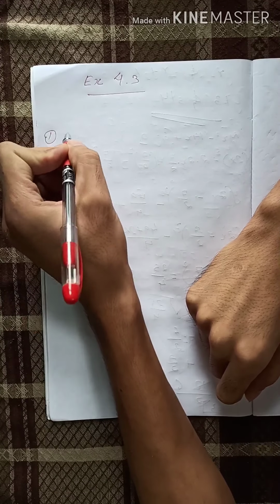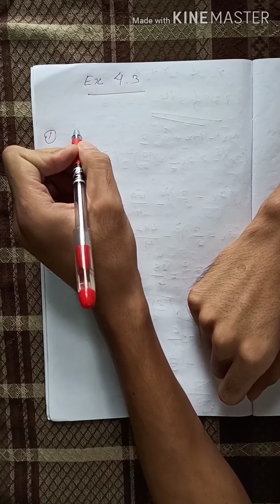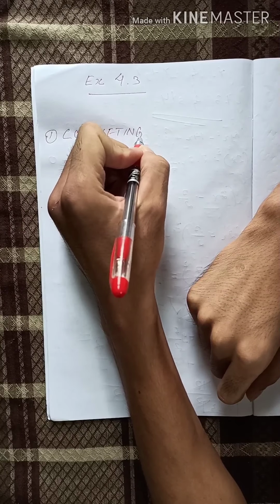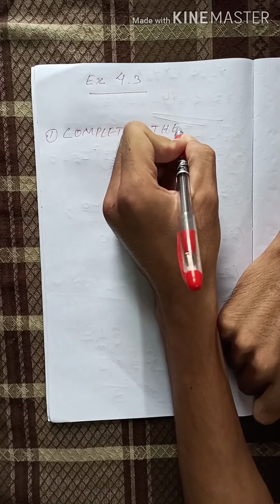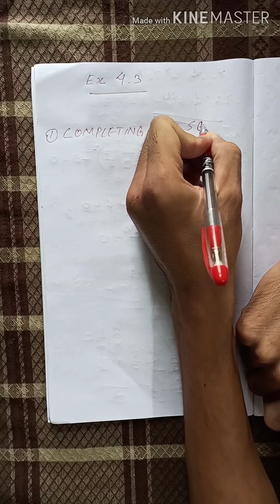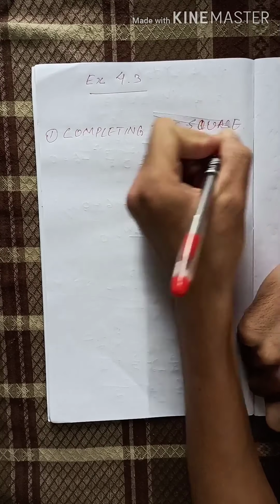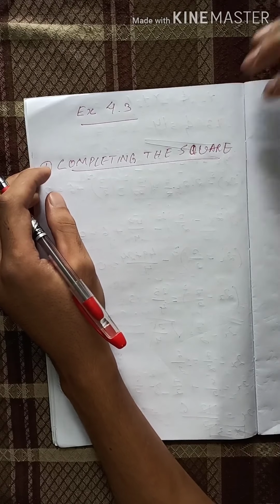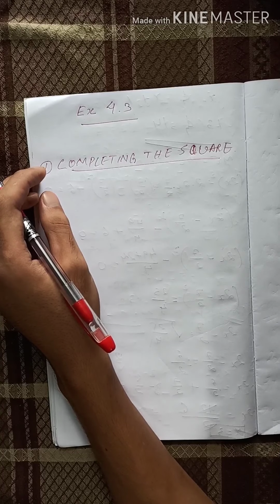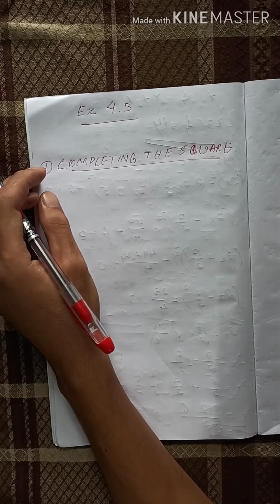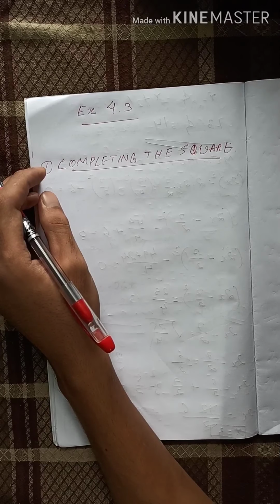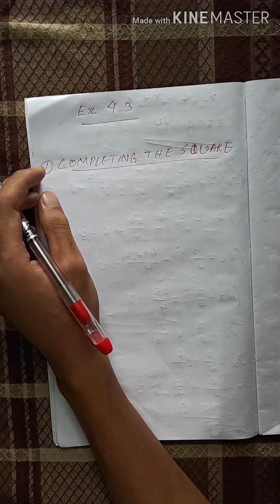One is finding roots by the completing the square method, and the other method is called the quadratic formula. Finding the roots by applying the quadratic formula.